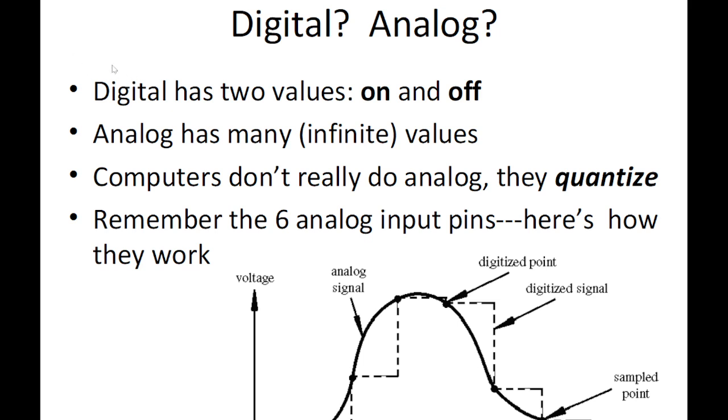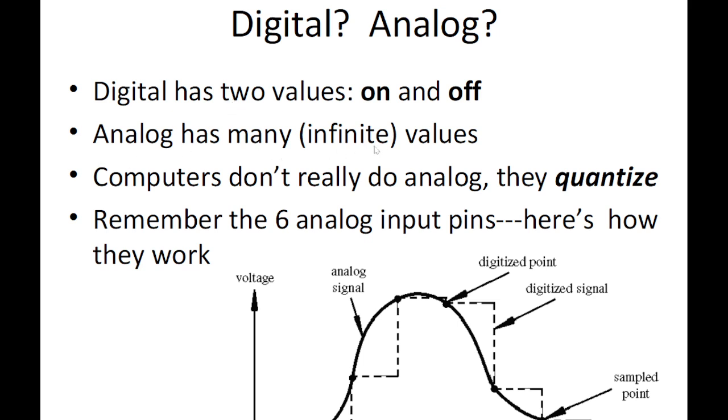But the important thing is digital means it has only two levels or two values, on and off. On can be a voltage level of 5, 3.3, 2.7, 1.8 or any other value, and off most commonly is 0 volts. Okay, so just remember this. Digital means only two states, 0 and 1.